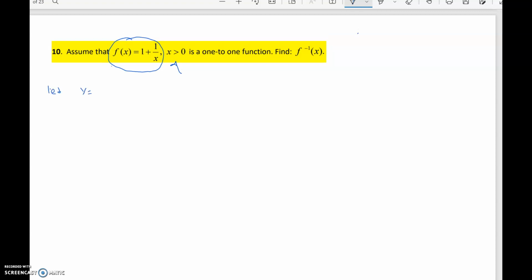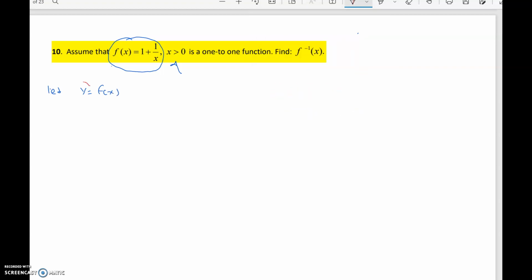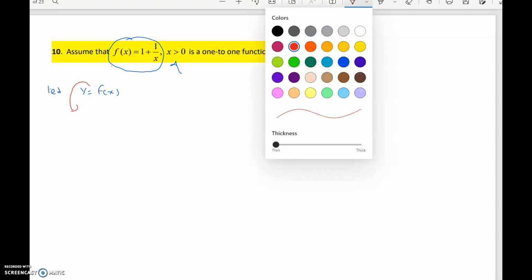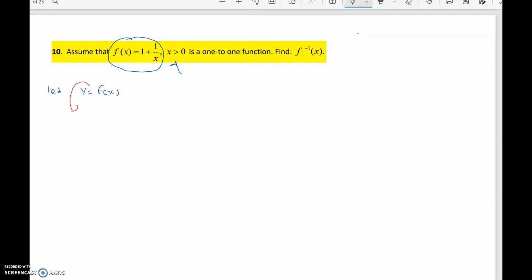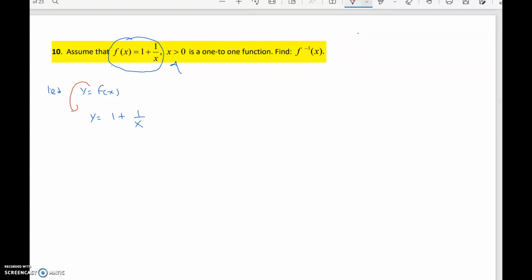Now let me start by letting the values of y equal f of x, and then this is going to give us the following as we technically find the inverse of this function. And this is going to be that y is equal to 1 plus 1 over x. Now remember that as we find the inverse, we have to replace the x for the y's.